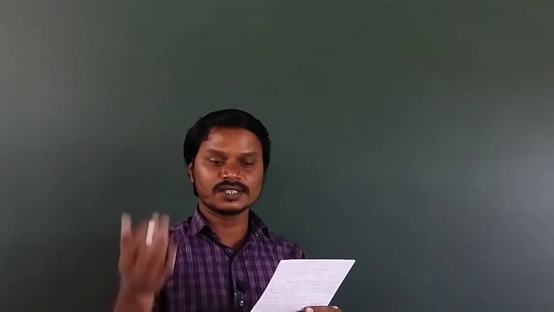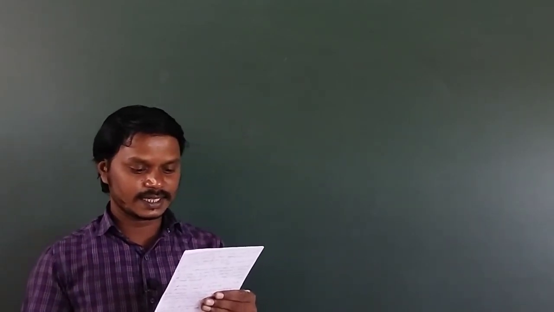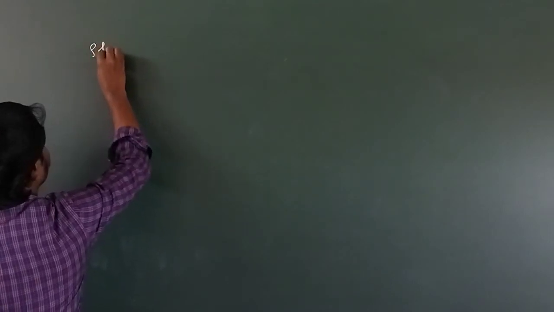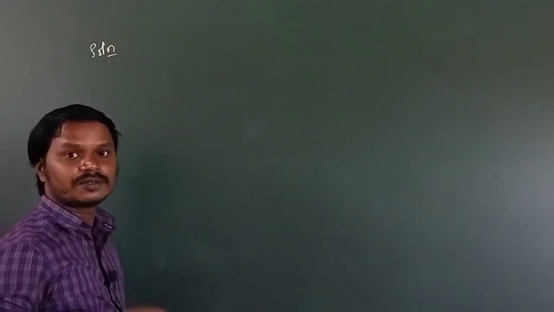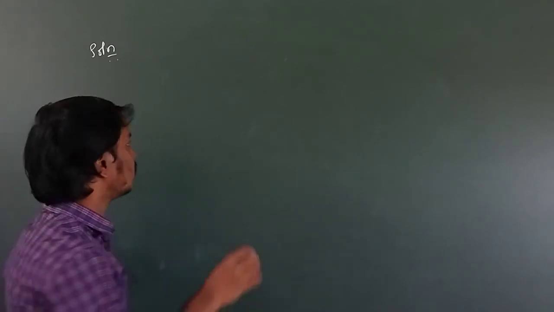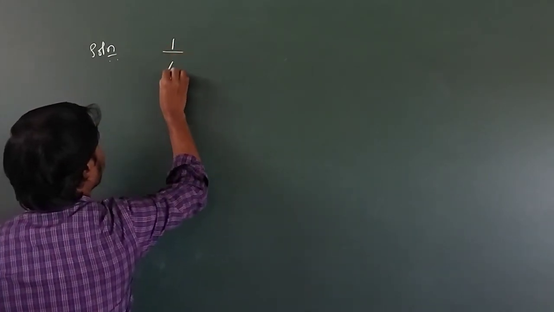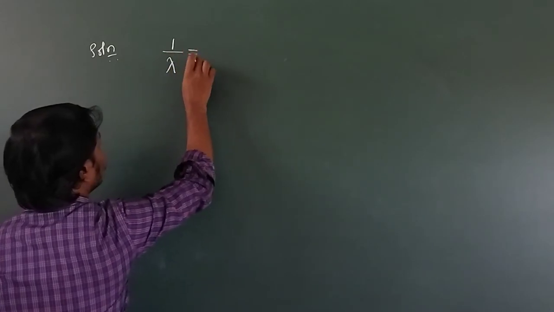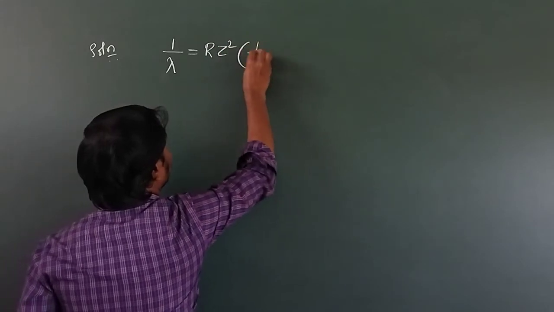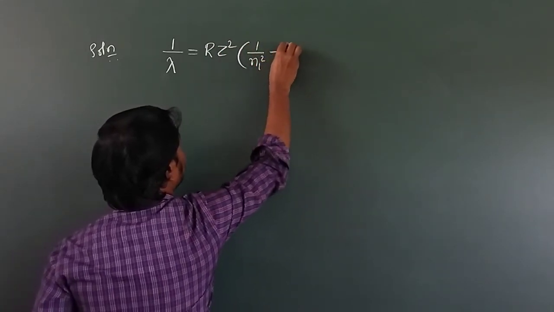So the wavelength of the first line of Lyman series for hydrogen atom is equal to the wavelength of the second line of Balmer series for a hydrogen like ion. Solution. First, we have to write the wavelength of the first line of Lyman series for hydrogen atom, that is 1 by lambda is equal to R into Z square, 1 by n1 square minus 1 by n2 square.